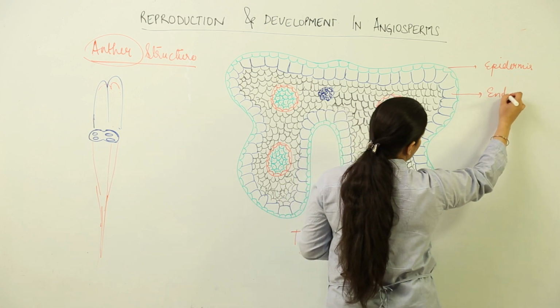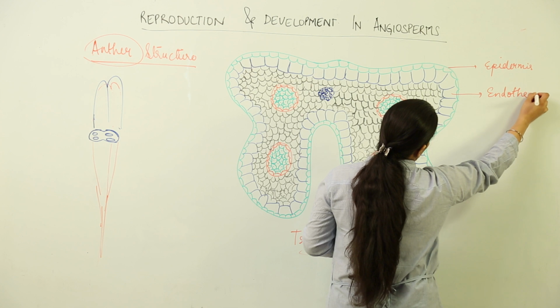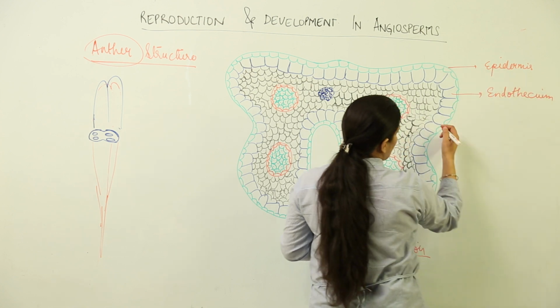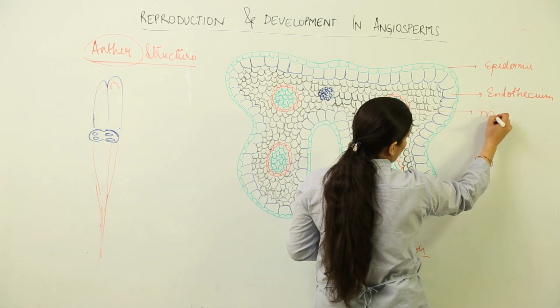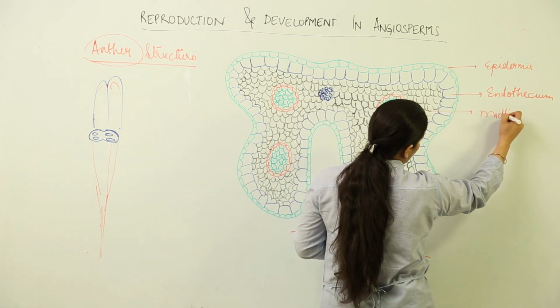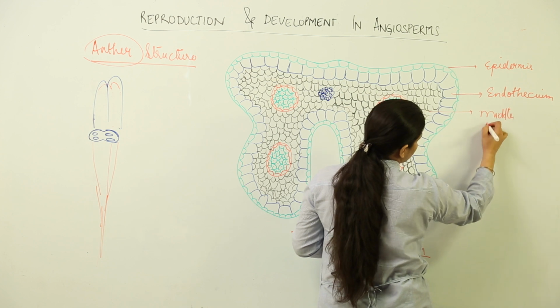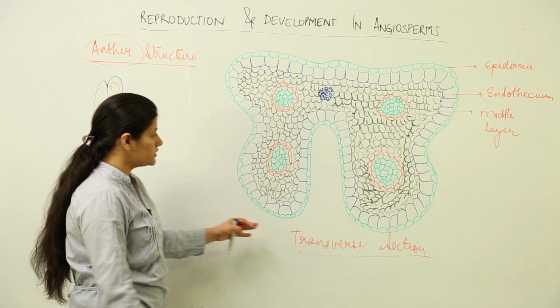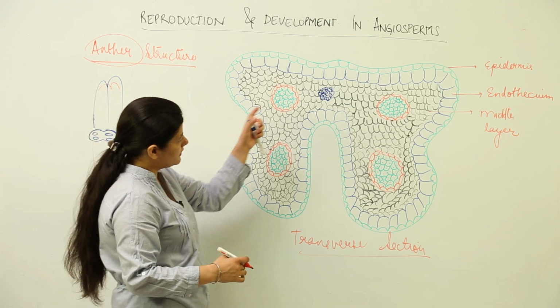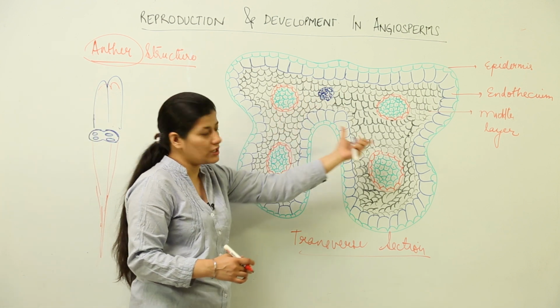The layer of these cells is known as endothecium. Endothecium is followed by a few layers of cells which are known as middle layers. These are the terms that are to be remembered. What you see over here is that there is a connection between 2 regions.